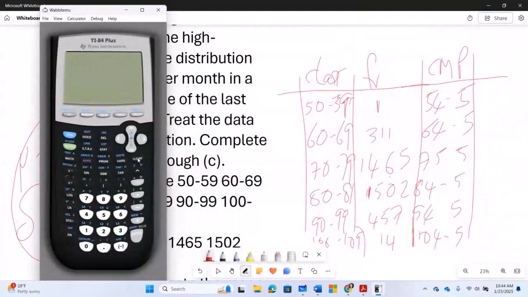First, I'll check that the data I entered is still there. Remember, I found the class midpoints and entered them in L1, then I entered the frequencies in L2. It's time for me to draw a histogram of this data.